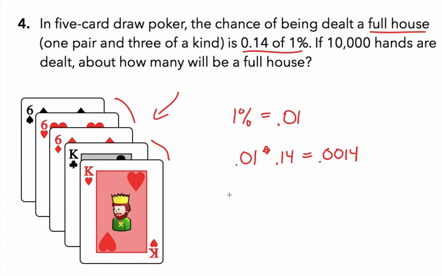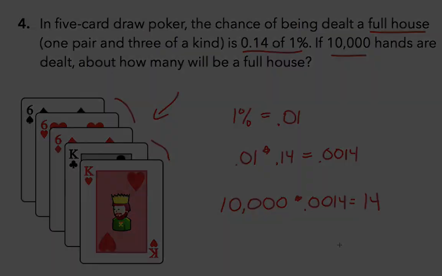Now, the question asks about the likelihood in 10,000 hands. We multiply 10,000 by our probability to get 14. So in every 10,000 hands, we expect a full house just 14 times.